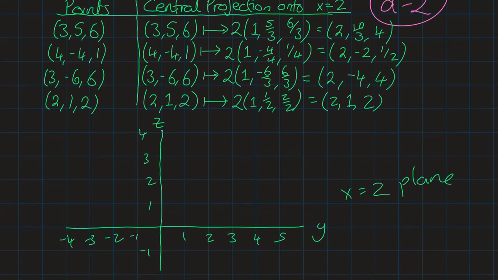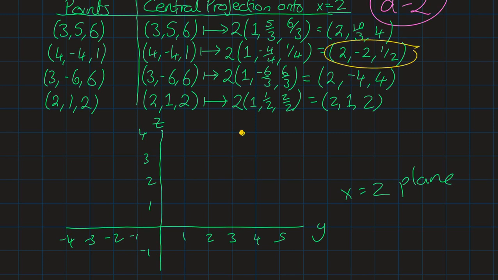This first point here, I'm already on the x equals 2 plane, so ignore the 2. So I'm plotting 10 thirds, comma 4. Well, 10 thirds is like 3 and a quarter. So it's 1, 2, 3. I'm sorry, 10 thirds is like 3 and a third. So that's 1, 2, 3 and a third, and then up 4. So that's that point right there.